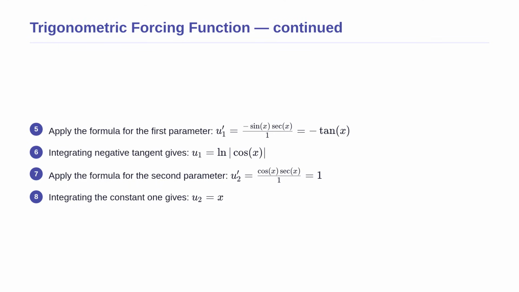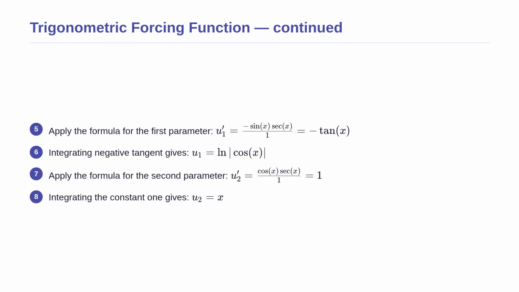Continuing with our solution, we now use the formulas we learned earlier to find the derivatives of our unknown parameters. For the first parameter, we plug in negative sine x, the second function, and our Wronskian of 1. Since secant is 1 over cosine, this simplifies to negative tangent x.